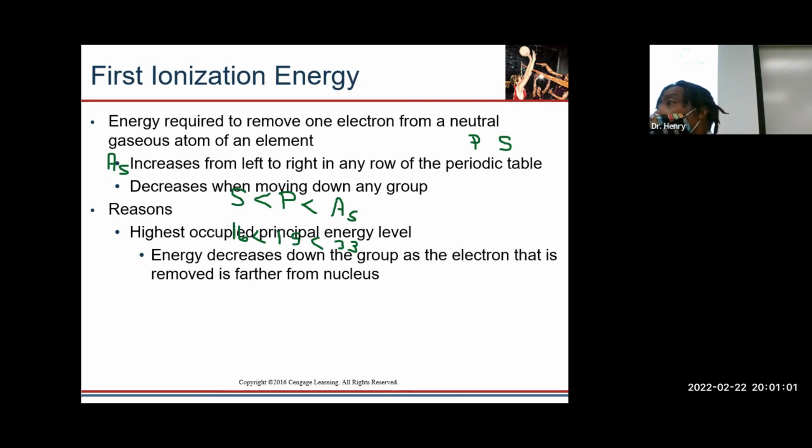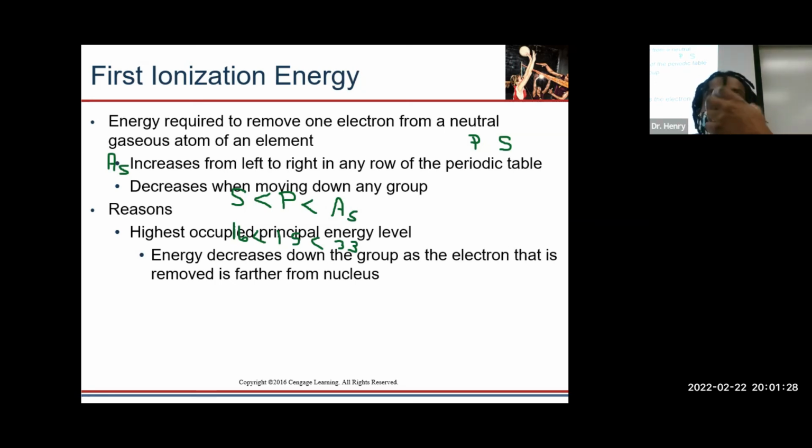The big ones are going to be more apt to lose. You don't remember who wants to get rid of an electron? Which group wants to lose electrons? Group 1 and 2, right? How many electrons does group 1 want to lose? 1.